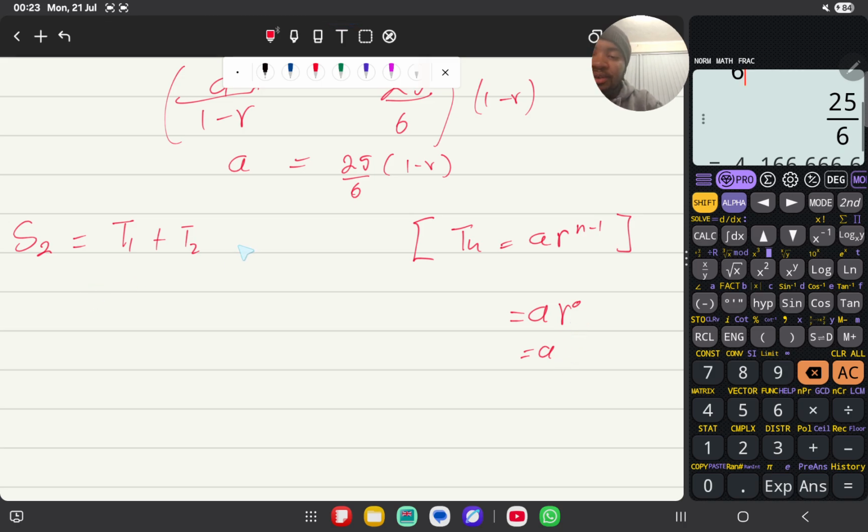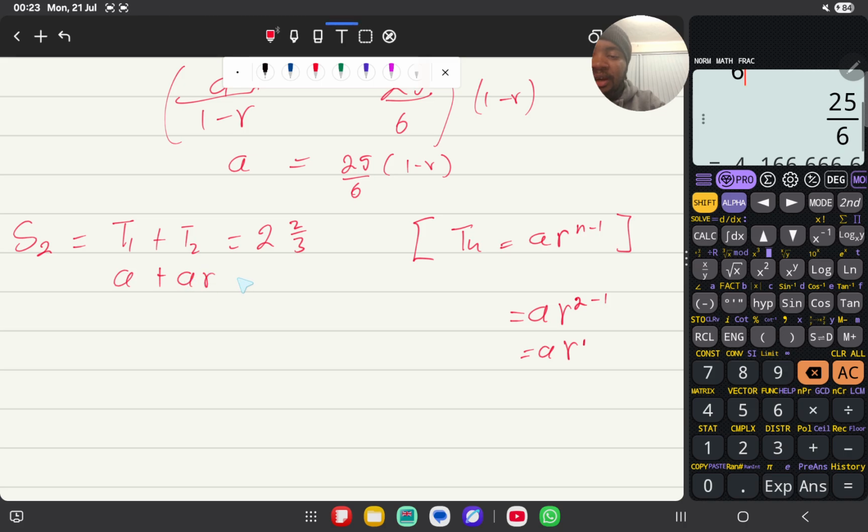So that means here we have a, and the sum of the first two terms is 2 over 3, right? And then for T2, you substitute 2, then you get a r to the power of 1, because 2 minus 1 is 1.